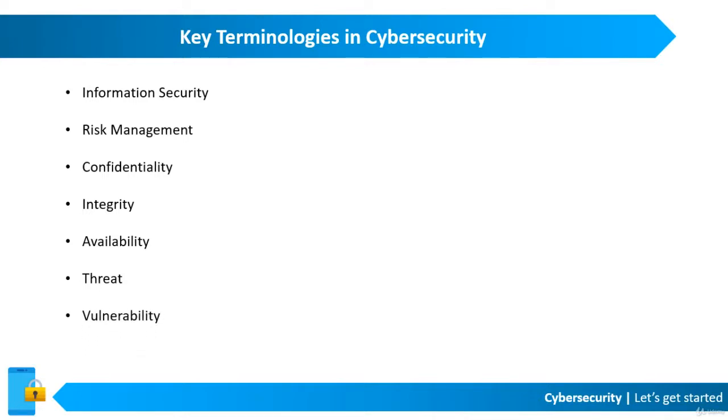Vulnerability. Vulnerability is a weakness in the organization, or a flaw in the system, through which the attackers can gain access to the internal systems, and then they can cause different attacks. For example, let's say you have a house, a bungalow, with two gates.